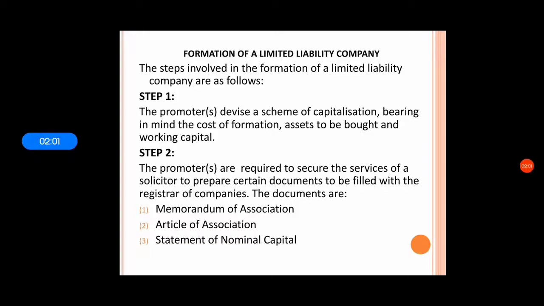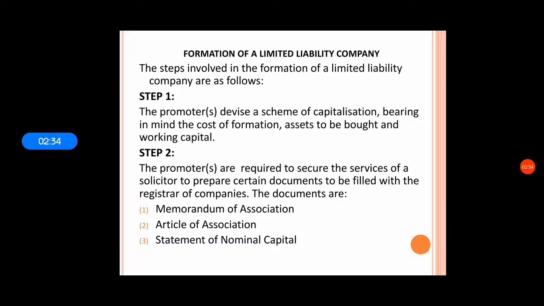That's step 1. Step 2, the promoter or promoters are required to secure the service of a solicitor. Since a limited liability company is a legal entity, a solicitor, a member of the legal profession qualified to deal with legal matters, needs to be secured in order to help them in legalizing the business.